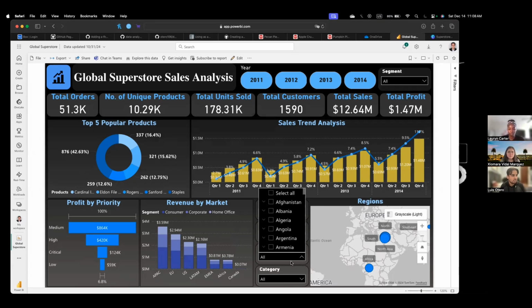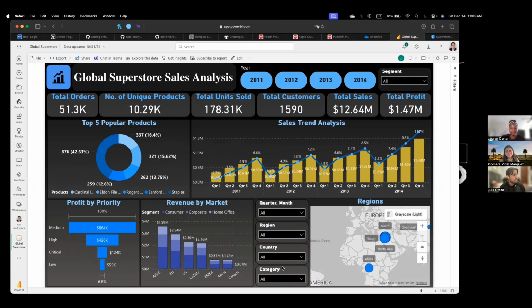They can just use this filter here. And if they want to know how they're doing in a specific category or in specific products or subcategories, they can use this filter here. But I'm just going to keep it general.